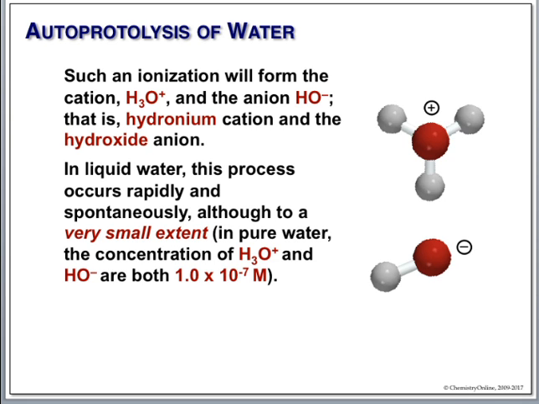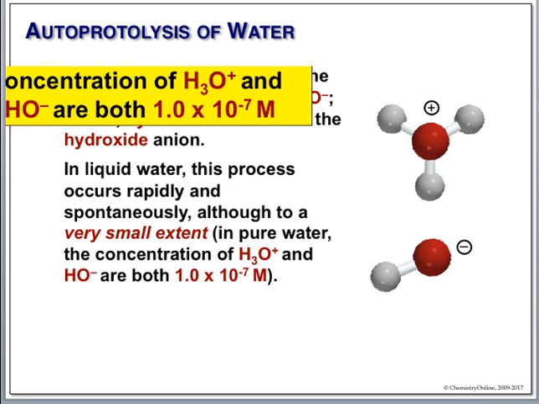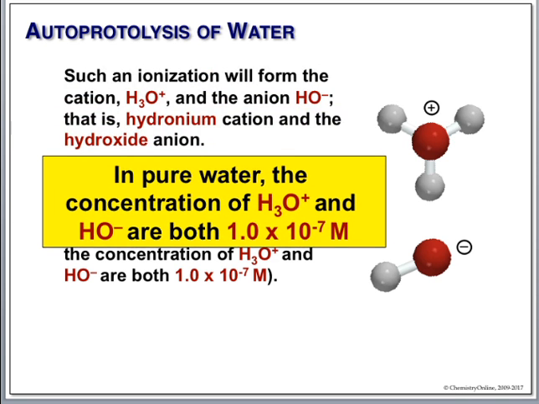And at any moment, the concentration of hydronium and hydroxide are equal, and they're both equal to exactly 1 × 10⁻⁷ moles per liter. This is a number you want to remember. 1 × 10⁻⁷ molar in pure water, hydronium and hydroxide. They're both exactly the same.